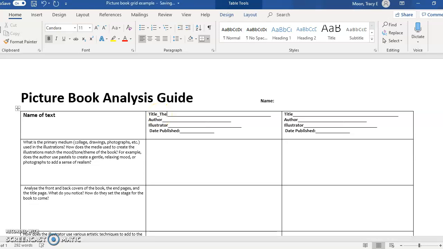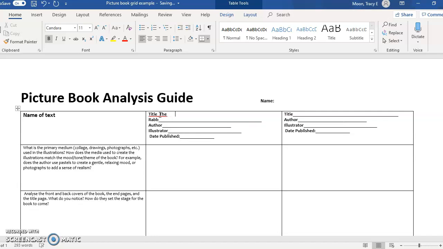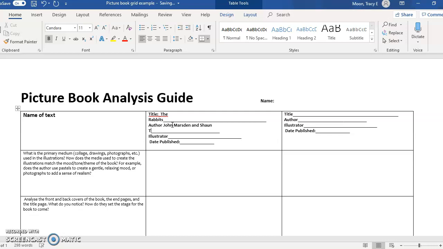So up here I'm just going to put the title. The Rabbits. The author, John Marsden and Shaun Tan. I think that Shaun Tan is the illustrator, but usually he writes stories as well. 1997 is when it was first published.